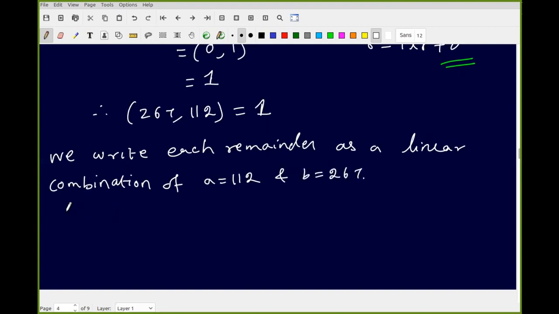So we start with the first equation. That first equation is 267 equal to 112 into 2 plus 43.